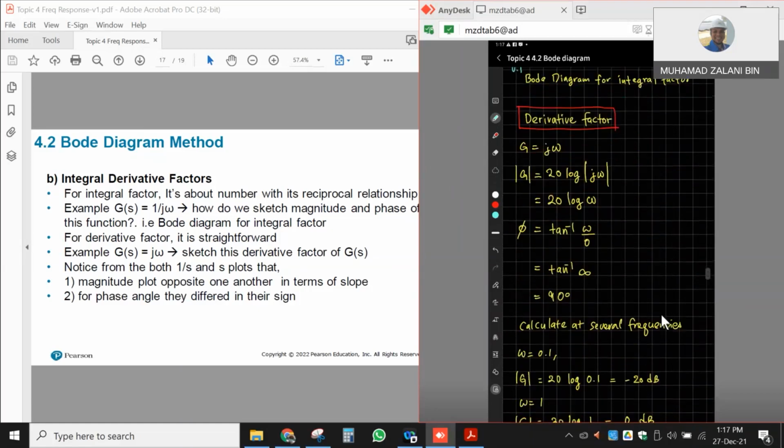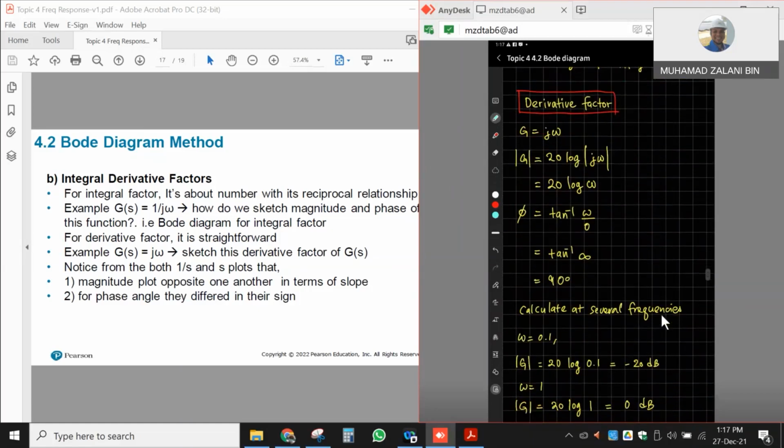Now moving on to the derivative factor, which is G equals j omega, or in other words G equals 0 plus j omega. Just now we talked about G equals 0 plus 1 over j omega, which is the integral factor.